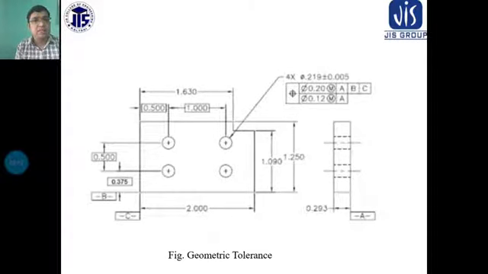Another thing to find here is 4 times the diameter, that is 4 times diameters will be considered, 0.219 plus or minus 0.005, given as the geometric tolerance, according to here that is the port size.